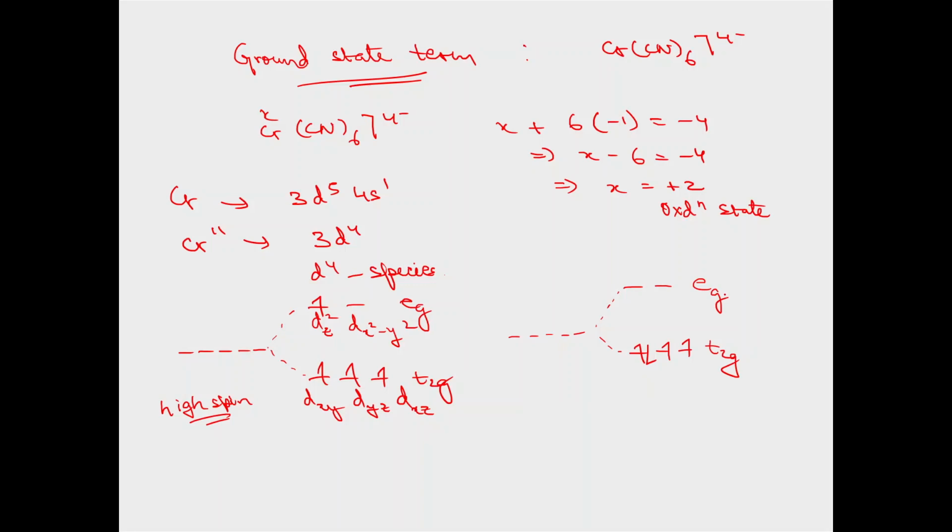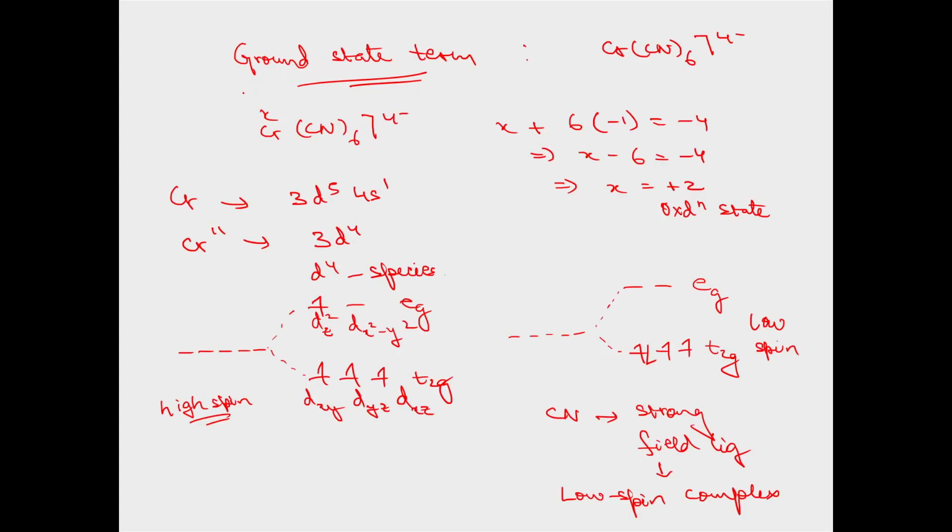Now in this complex, the ligand coordinated to the metal center is CN, and CN is a strong field ligand, so this will be a low spin complex. That means the 4 electrons will be distributed in this manner.